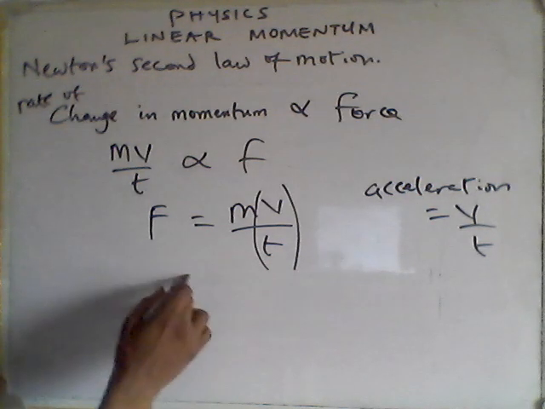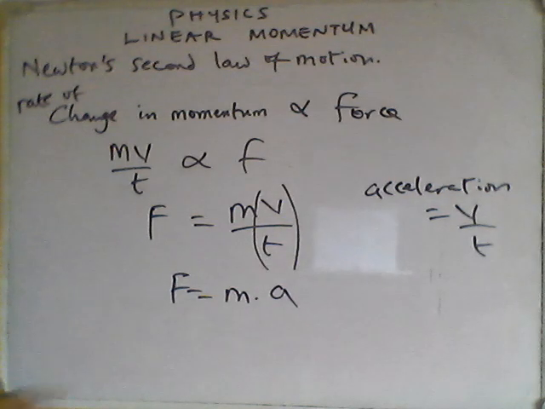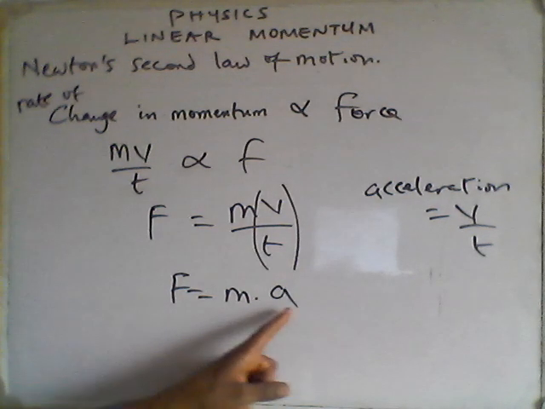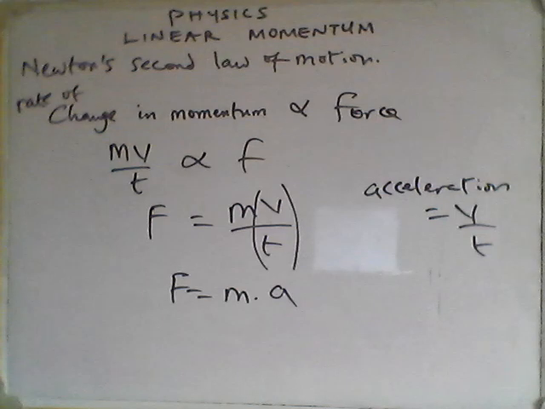So I have F is equal to m times A, where F is the force, m is the mass, and A is the acceleration. So Newton's second law, in effect, describes the formula F equals ma. That is where we get the concept of force equals mass times acceleration.